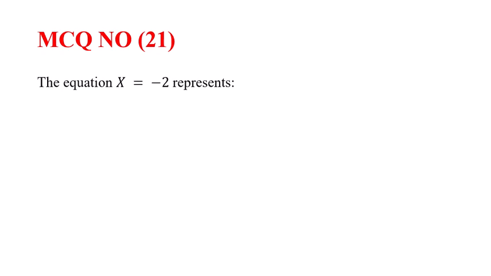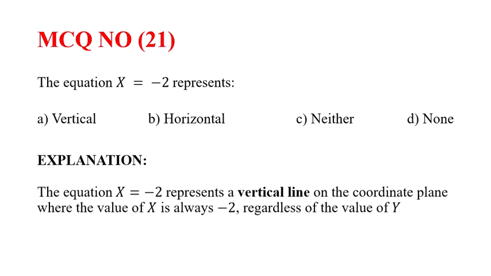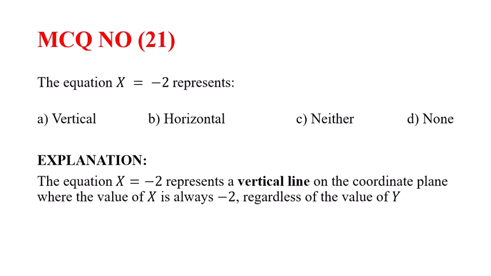MCQ number 21. The equation x is equal to minus 2 represents: the given options are vertical, horizontal, neither, and D is none. Explanation: the equation x is equal to minus 2 represents a vertical line. If the equation is given as x, it is a vertical line. If the given equation is y, it is a horizontal line.